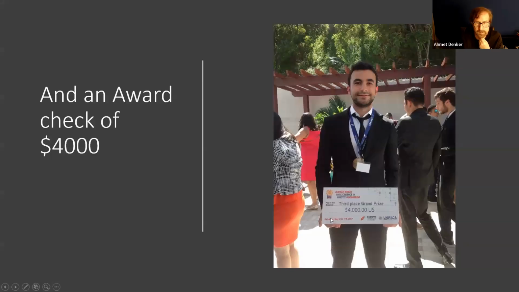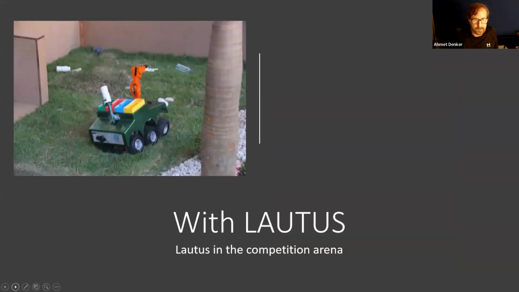So in this picture, you see the team leader Barnas with the check. This time it is again a hybrid robot. You can see the robot and the manipulator.